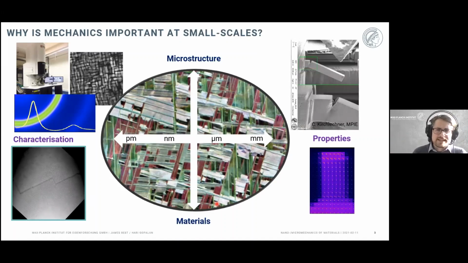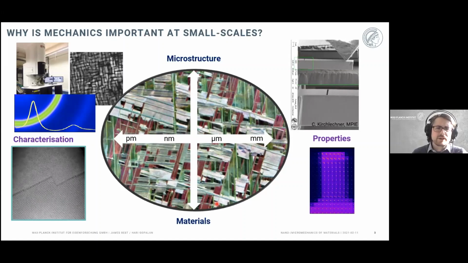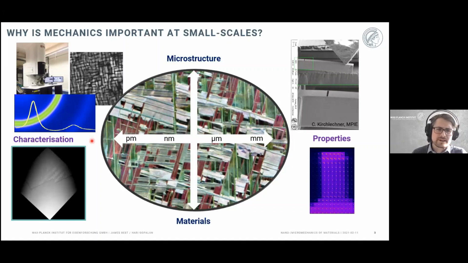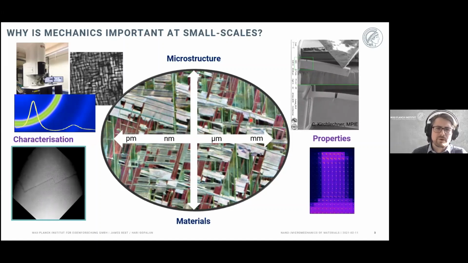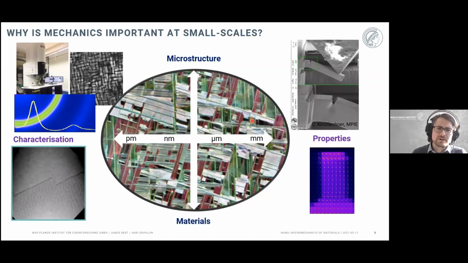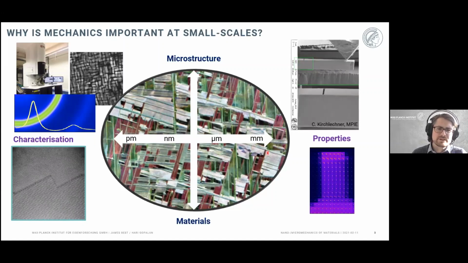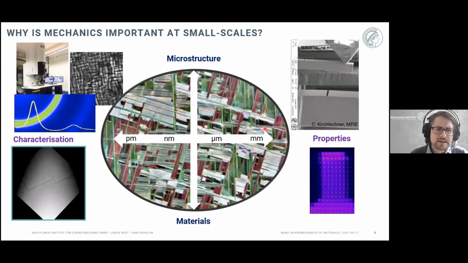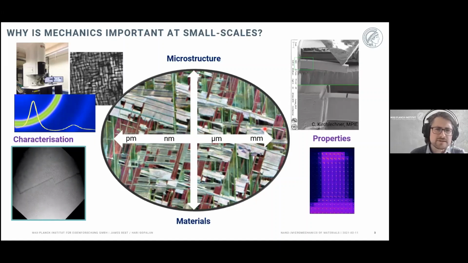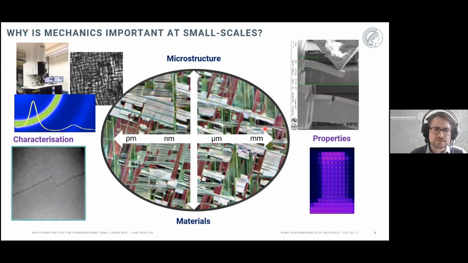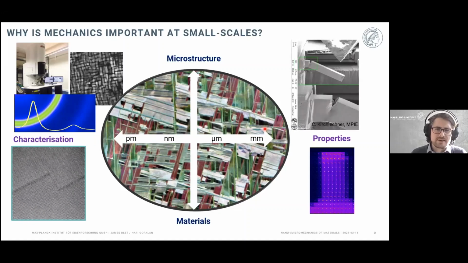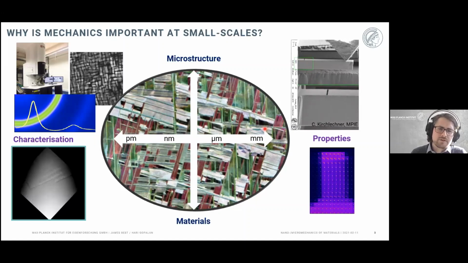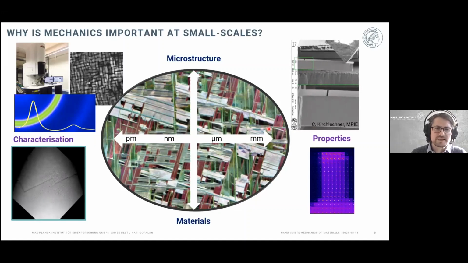And therefore, to understand the properties of the material, we actually need to be able to understand the material from this electronic and atomic length scale and move all the way through the microstructure of the material to the bulk scale material properties at the millimeter length scales, like we might have for Wolverine's claws. So to really understand and to be able to design advanced materials for new applications, we really need to have a very good understanding of the material behavior across these length scales.